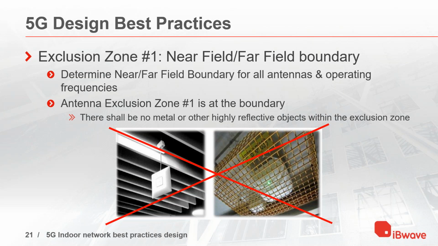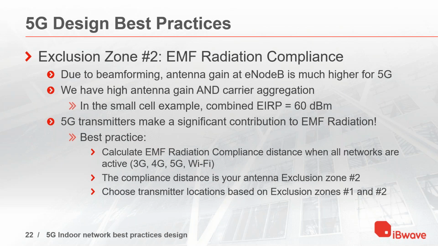We call this exclusion zone number 1, which means there may be an exclusion zone number 2, and that is for EMF radiation compliance. In the small cell example that I have given you, the combined EIRP was 60 dBm. That is a lot. And not only that, but oftentimes you have multiple radiation sources from the same location.